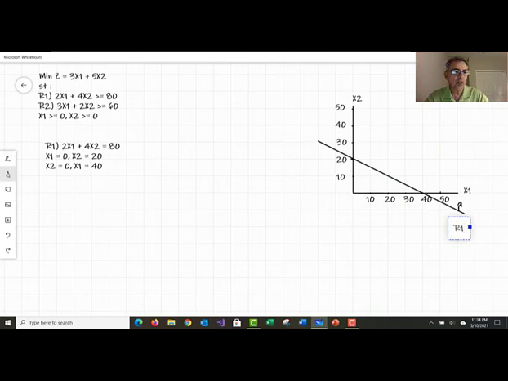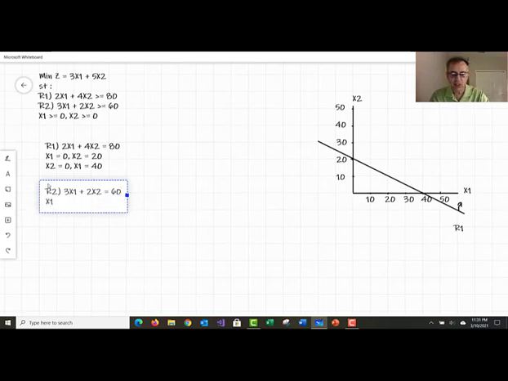I will continue with a similar process to draw the line associated with the second constraint. First, we make it an equality. That would be 3x1 plus 2x2 equal to 60. Then select 2 arbitrary points.